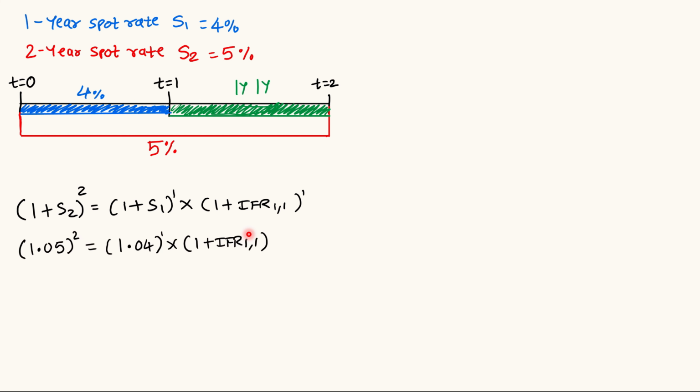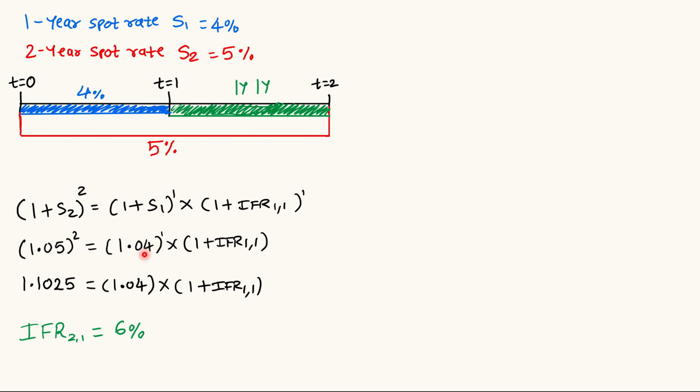So we have 5% for the 2 year spot rate, and 4% for the 1 year spot rate, and if we solve for IFR, we should get 6%.